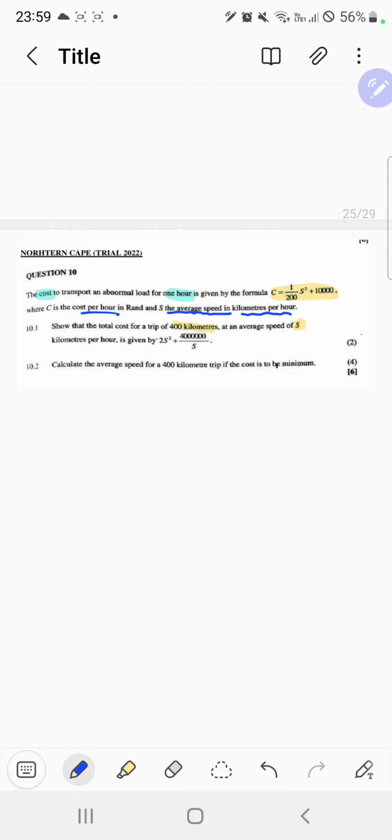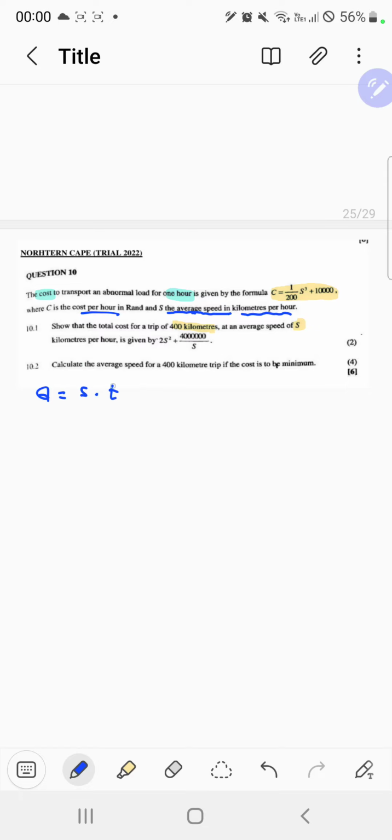All right, so what is important here is to know, if you're doing physics, that the displacement delta x is equal to V times delta t. But here we're not going to be using physical science notations. All that we know here is that the distance is going to be the speed multiplied by time.